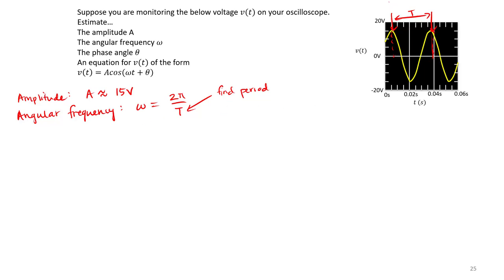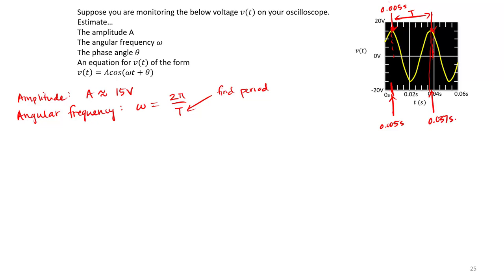I'm going to estimate that my first peak happens around 0.005 seconds. I'm just looking at this time value. And if I look closely at my plot for that second peak, I'm going to estimate that this second peak for the full cycle of my wave occurs at about 0.037 seconds.